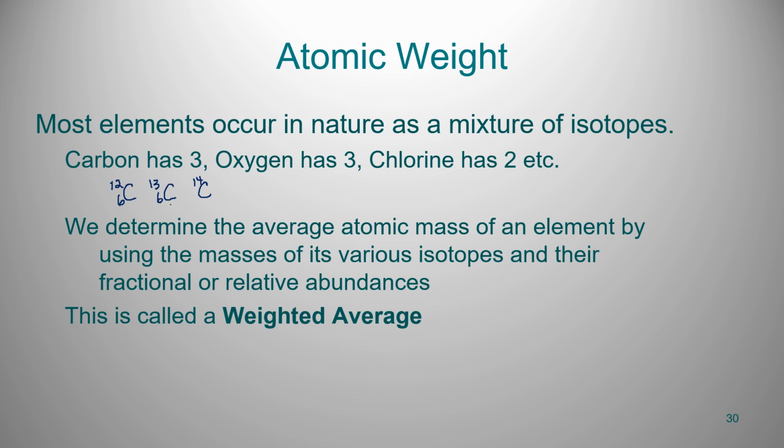Carbon 13 has 6 protons and 7 neutrons. And carbon 14 has 6 protons and 8 neutrons. I don't know, there's 3 isotopes for oxygen. I'm not sure what they are. Oxygen 16, 17, and 18 probably. Like I said, chlorine has 2 isotopes, bromine has 2 isotopes. A number of them have isotopes.